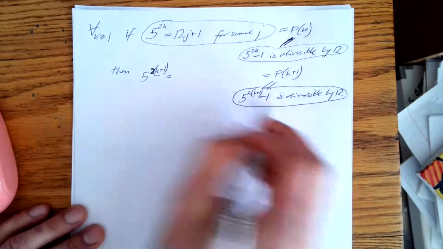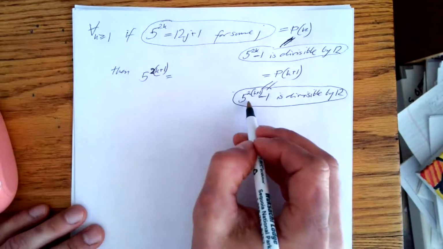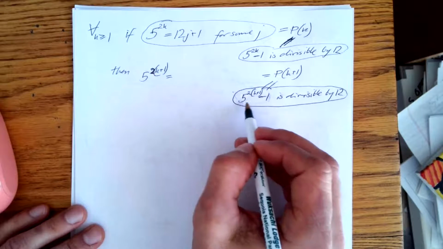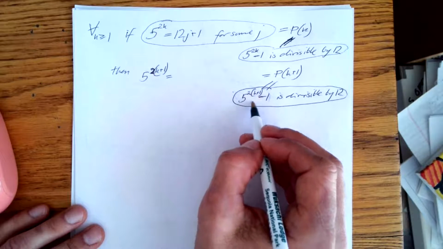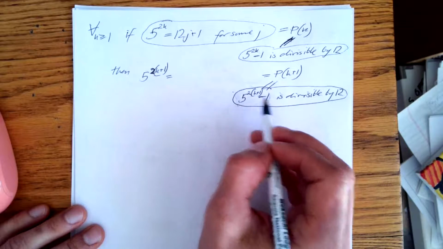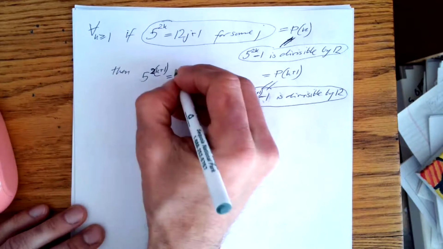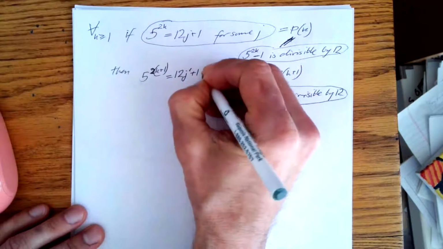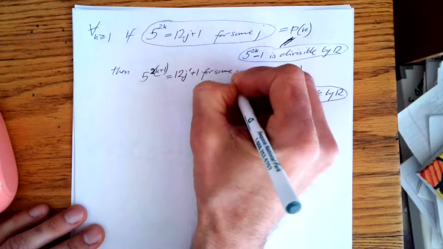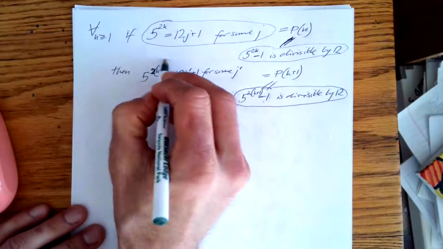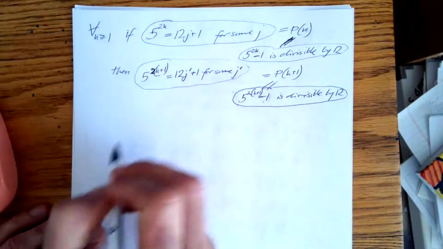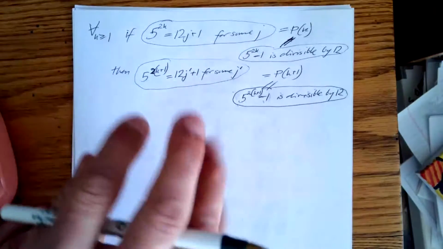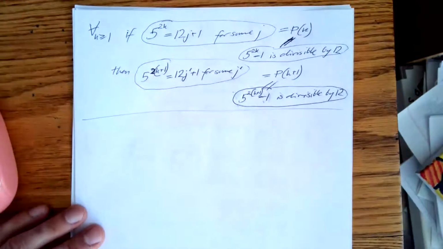So how do I express it in this kind of form? If this is divisible by 12, it means that this is 12 times something, so this is 12 times something plus 1. That's what I will write: it's 12j prime plus 1 for some j prime. I don't care what j prime is, because it just has to be some integer. So that's what I want to prove.